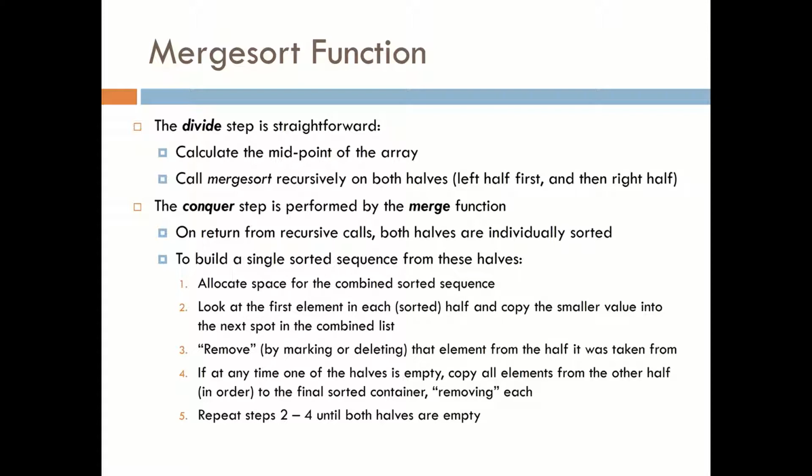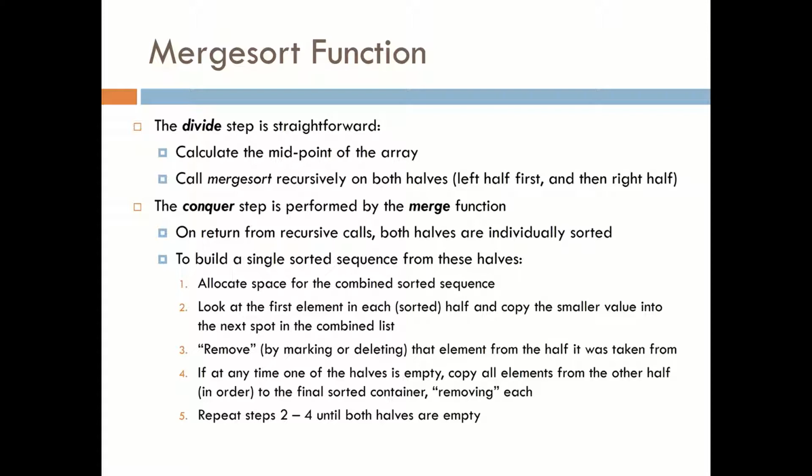But getting back into this, we'll allocate the space, and then we'll take a look at the first element of each sorted half, and we will take the smaller element. This is for an ascending sort. We will take the smaller element and copy that into our final container, and we will remove that element from its appropriate list. Okay, and that's step 3.